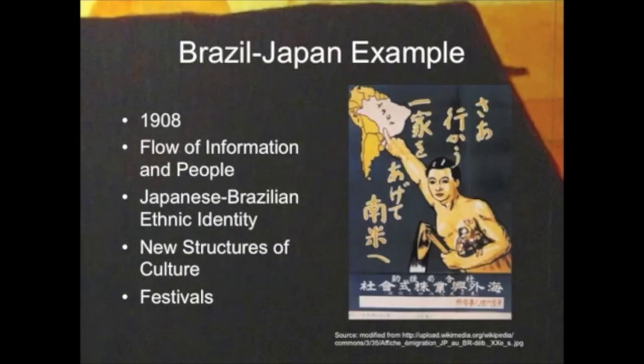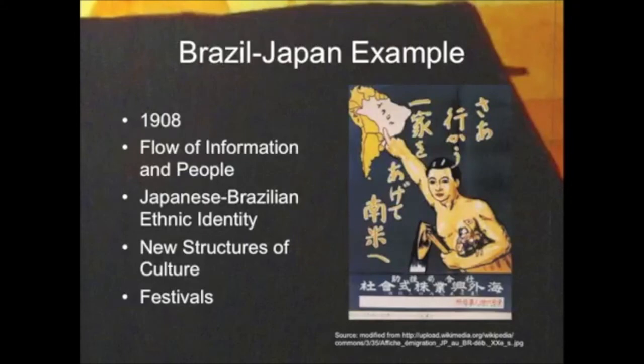The last ethnographic example that I would like to share with you in relation to this notion of world systems theory and the colonial age relates to a very recent process, one that dates to the first decade of the 20th century. In this case, the immigration of a significant number of Japanese nationals to what is today the country of Brazil.